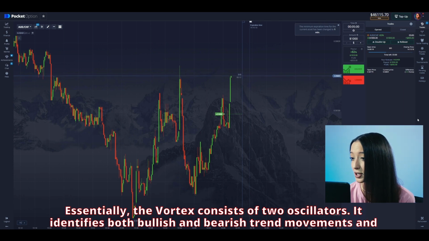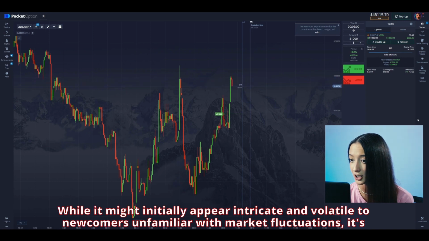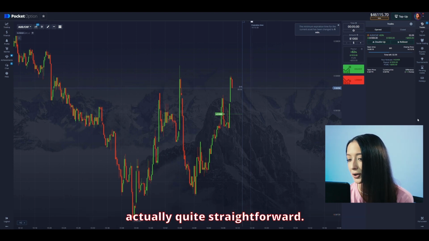Essentially, the Vortex consists of two oscillators. It identifies both bullish and bearish trend movements and translates them into oscillating trading signals. While it might initially appear intricate and unfamiliar to newcomers, it is actually quite straightforward.